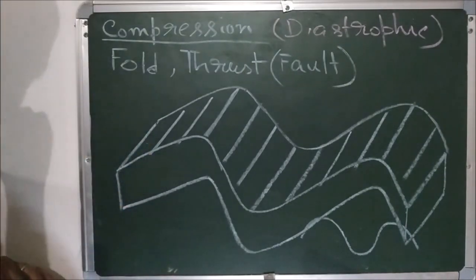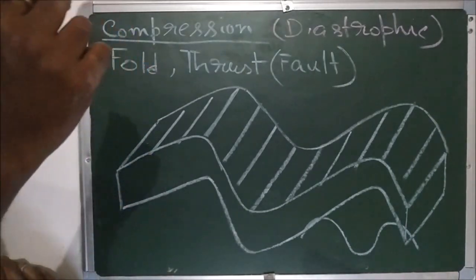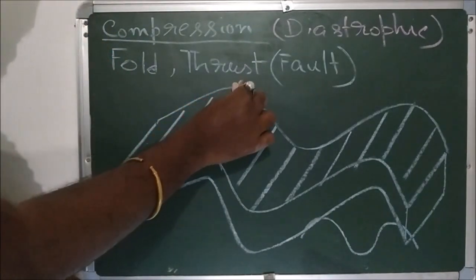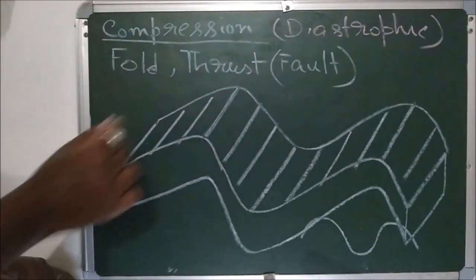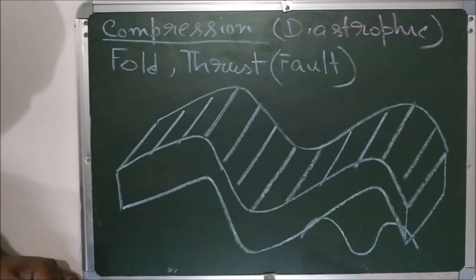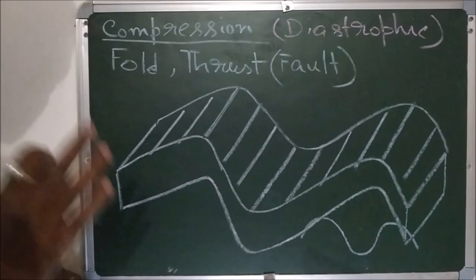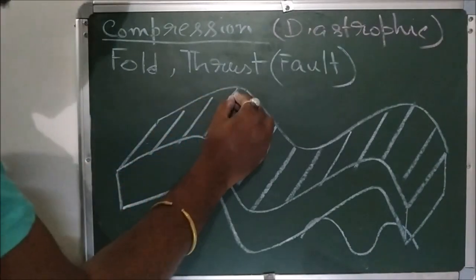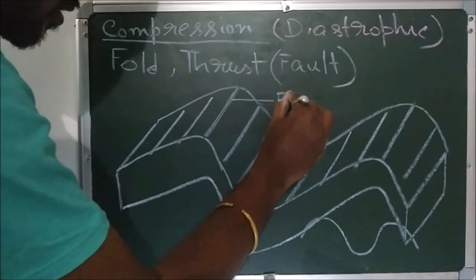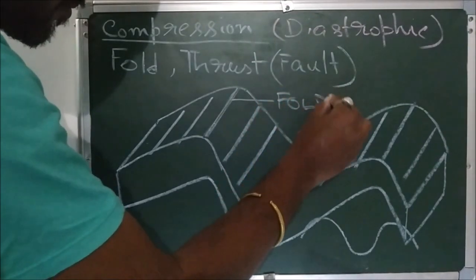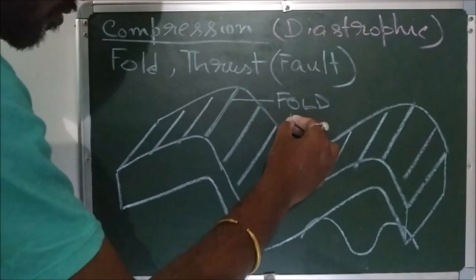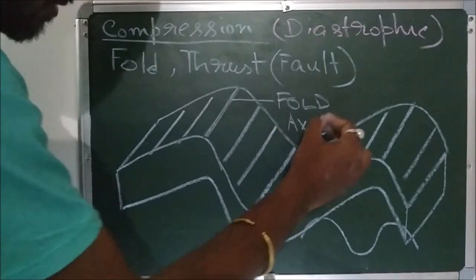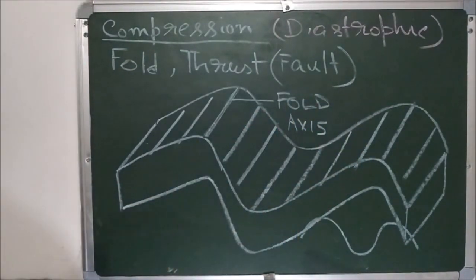For a cylindrical fold where the fold axis is a straight line, this imaginary line which by moving parallel to itself generated the folded surface is called the fold axis. Very important two elements: fold axis and axial plane.